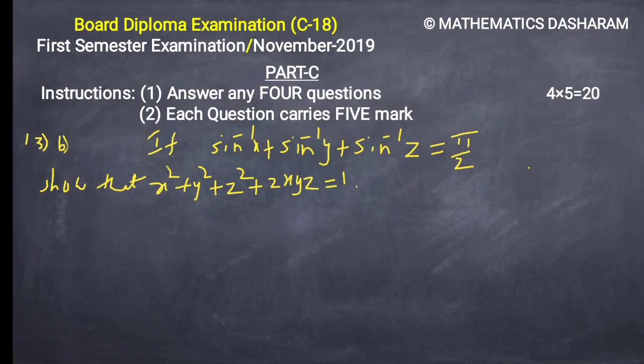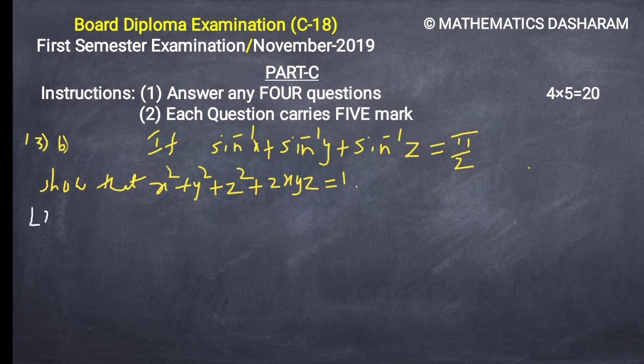Next, the B question: if sin inverse x plus sin inverse y plus sin inverse z equals pi by 2, show that x squared plus y squared plus z squared plus 2xyz equals 1. This is a question asked from the inverse trigonometric functions chapter.